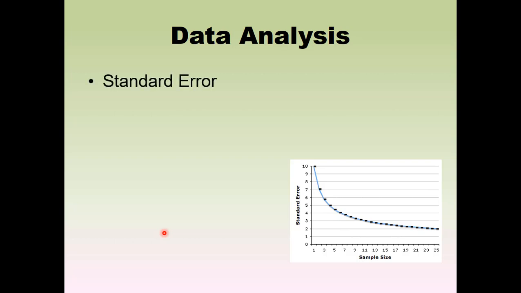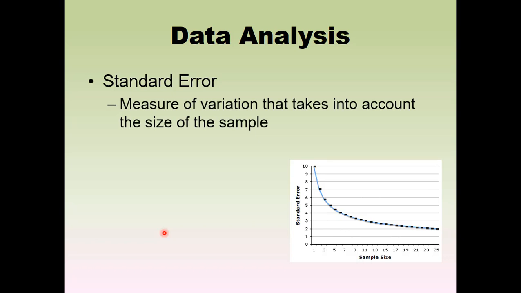Another common statistic that is used is the standard error. Standard error is very much like standard deviation. However, it takes into account the sample size. So, for example, let's say we wanted to estimate the average height of students at Jackson College.